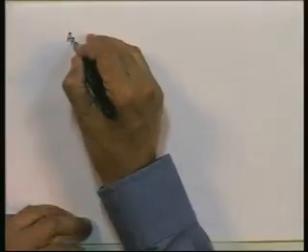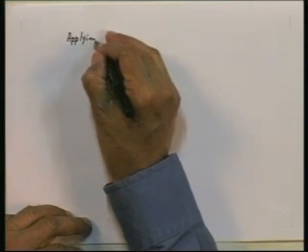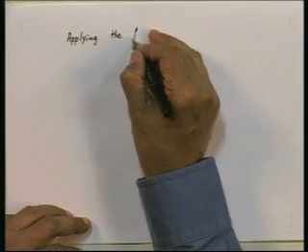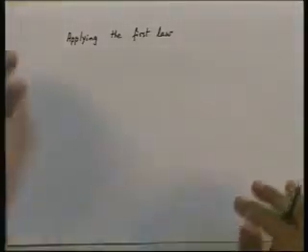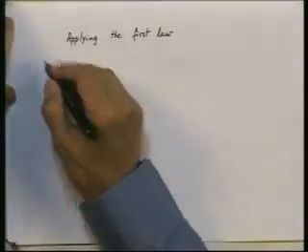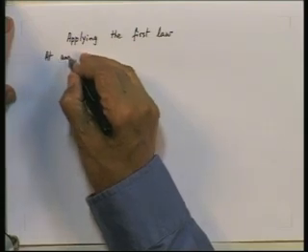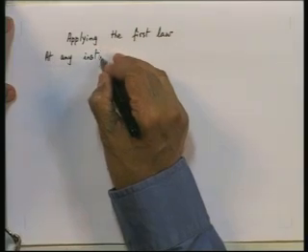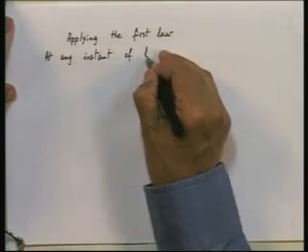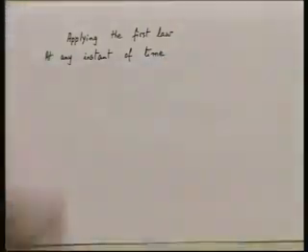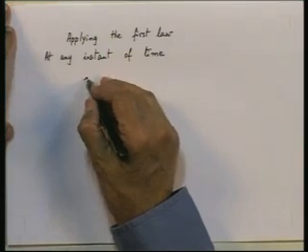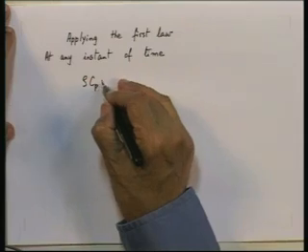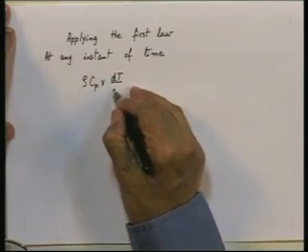At any instant of time during the cooling process, applying the first law of thermodynamics to the solid body, it is a closed system, we will get the rate of change of energy of the solid body: rho Cp V dT/dt.